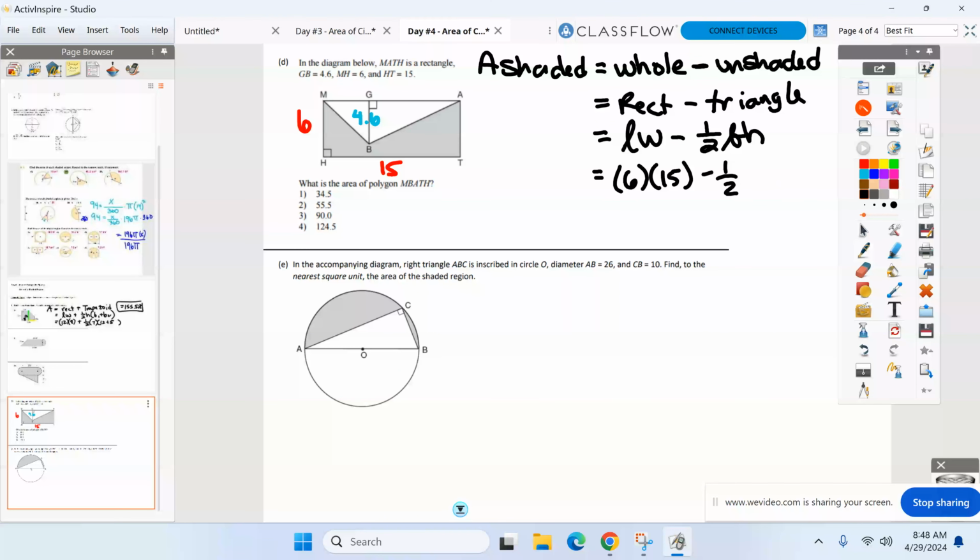And 4.6. 4.6 is definitely the height. And we've always talked, that height has to be always drawn to the base. The base can be any of the three sides, but the height's always going to be drawn to the base you want. Jared knows opposite sides in a rectangle are congruent, so that's how he knows that side's 15. And there we go. Area of a shaded region, the whole thing minus the unshaded part.